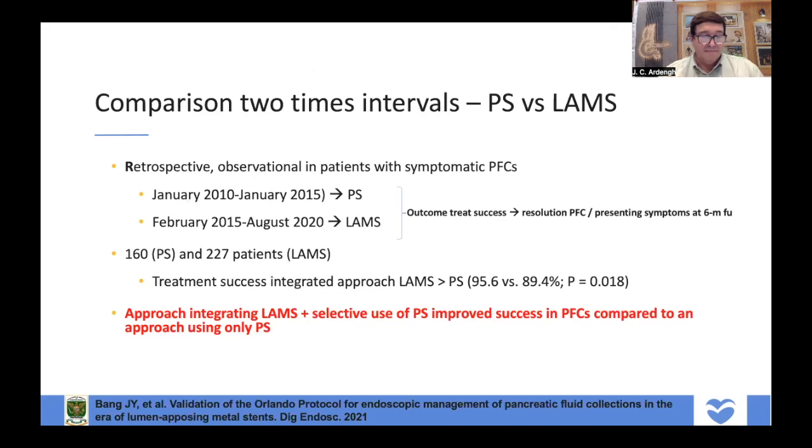This study, designed in two different periods, compared the results of plastic stents versus lumen-apposing metallic stents and showed the clinical success rate was better for LAMS. Using LAMS associated with plastic stents increased the clinical success rate when compared to the use of plastic stents alone.